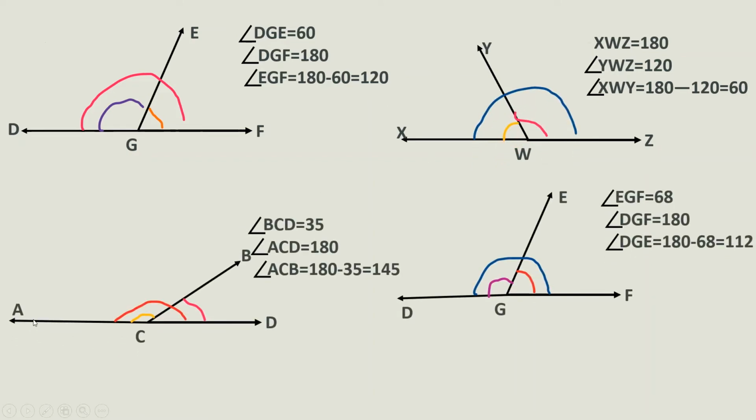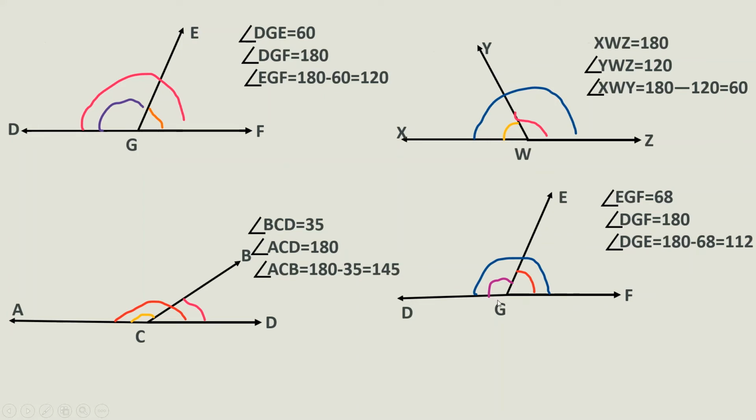Here, we know that BCD is 35 degrees and ACD is 180 degrees. To find out ACB, we subtract 180 degrees and 35 degrees, which gives us 145 degrees. Here, EGF is 60 degrees and DGF is 180 degrees.